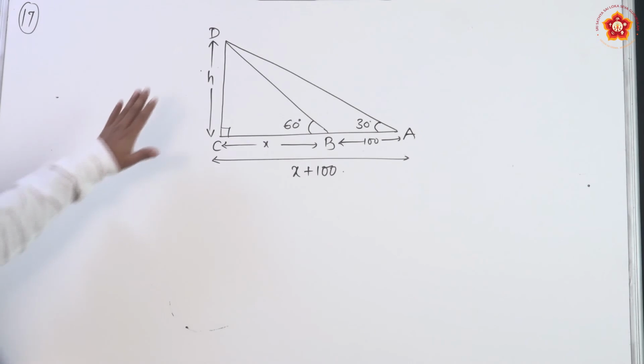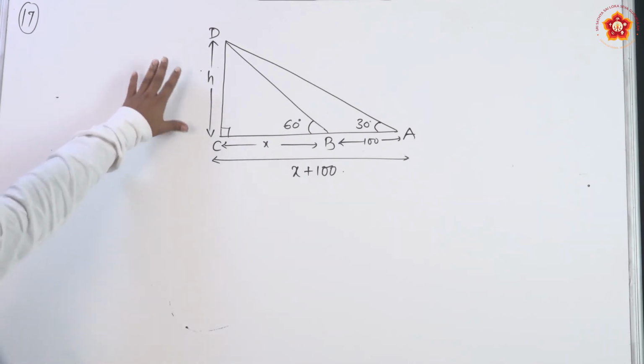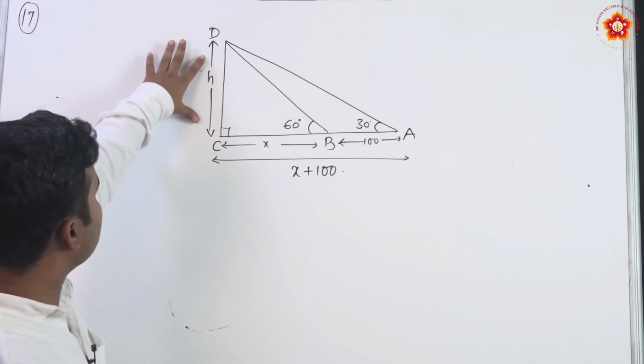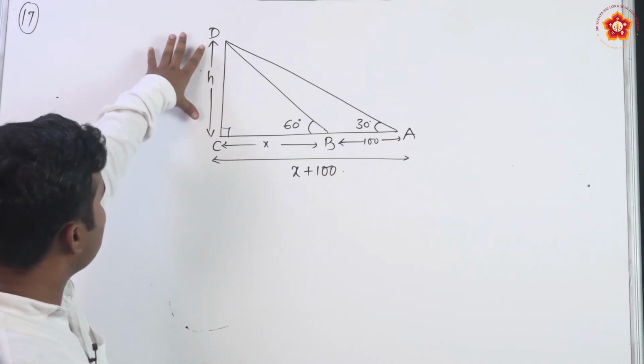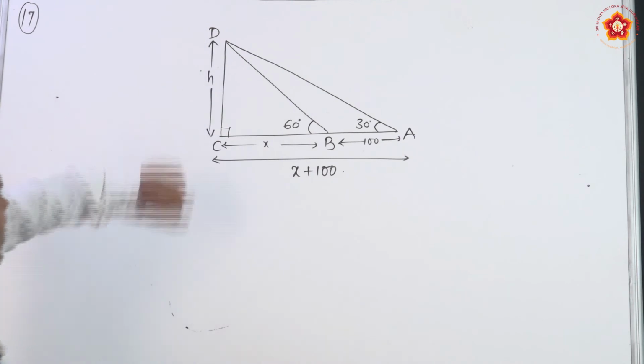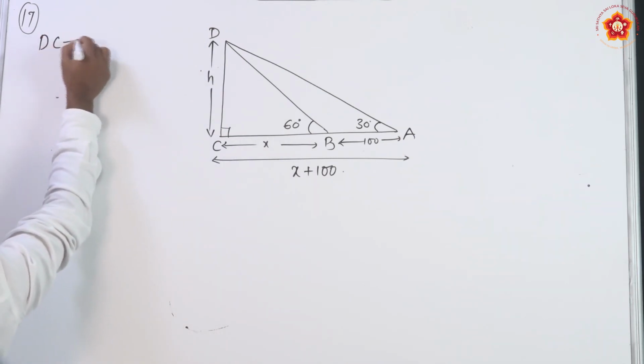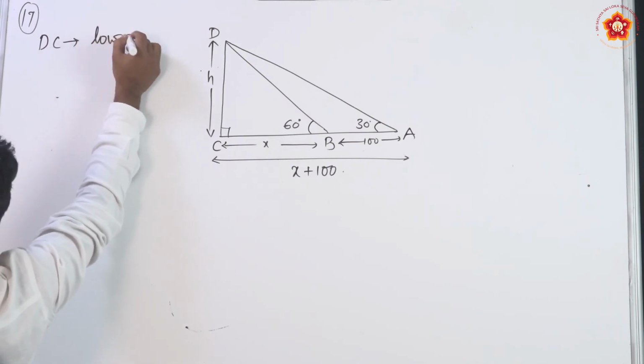The figure according to the given problem is this. Here we have to find the actual height of the tower. Here DC denotes the height of the tower, that is what we need to find.